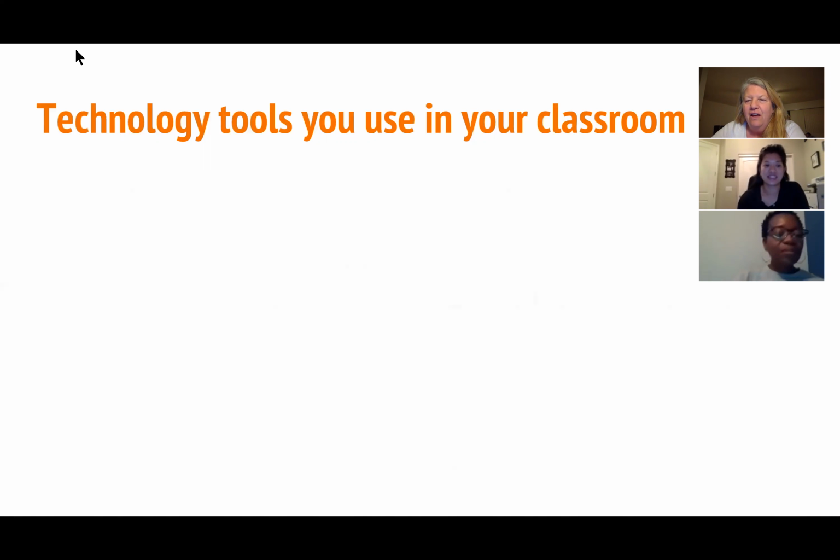Let's listen to Malika. Okay, mine is pretty much like Yvonne's. Laptops, we have laptops. They're kind of old, but they're laptops. Whiteboards, document camera. We also have personal whiteboards. Let's see, dry erase markers.